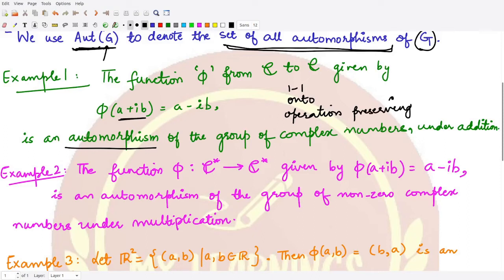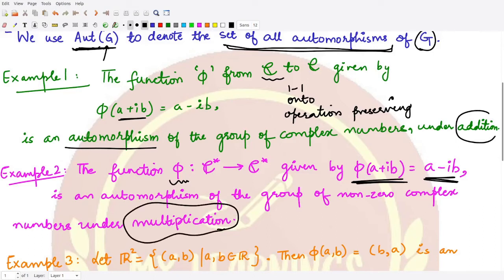As for the next example, we have the same mapping, but we restrict it to the group of non-zero complex numbers. In this case we are excluding 0, and the mapping is again the same: phi of a plus ib is a minus ib. However, the operation here is multiplication because we have eliminated 0.